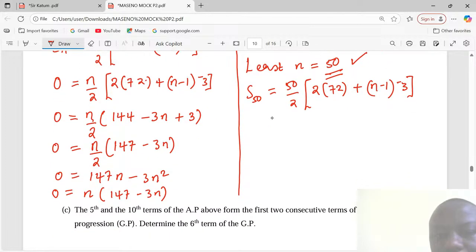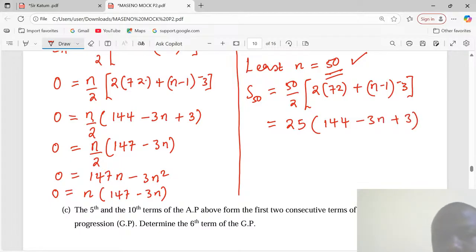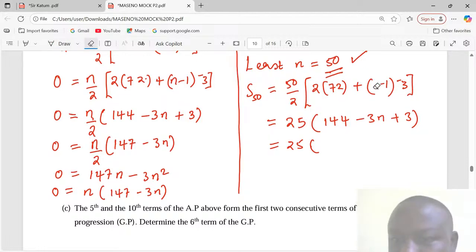This shall be 25 into 144 minus, because I'm multiplying by negative 3 everything, but this becomes a plus. Why am I using n when I know the value?